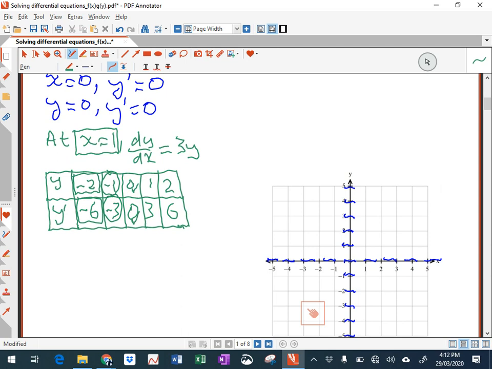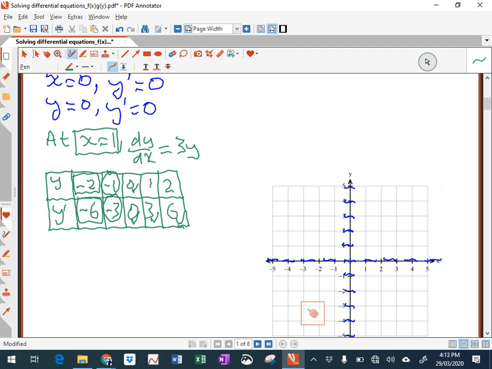So you can see the gradient is negative and it's getting flatter. Then after 0, you can see the gradient is getting steeper. We've got a 0 gradient there, and at x equals 1, y equals -2, the gradient is -6.